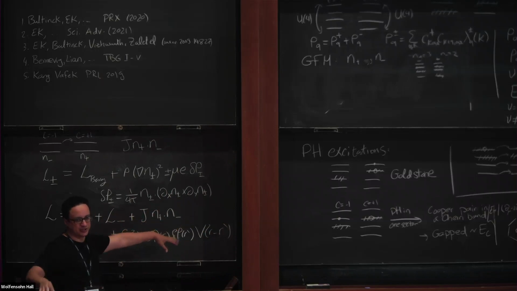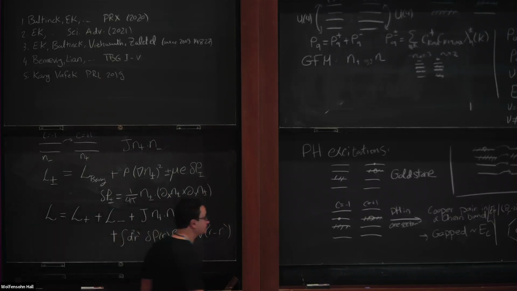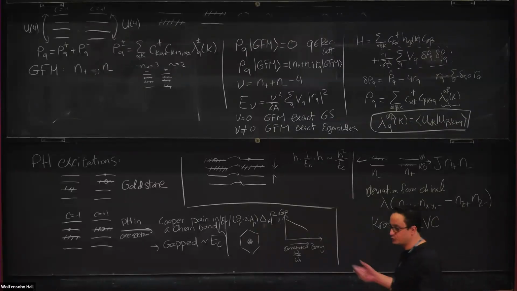Its long range piece is important for some of the physics, so I want to keep it. So what can I do with this? I can ask: what is the energy of a single skyrmion, or two infinitely separated skyrmions, versus the energy of two skyrmions that sit close together?